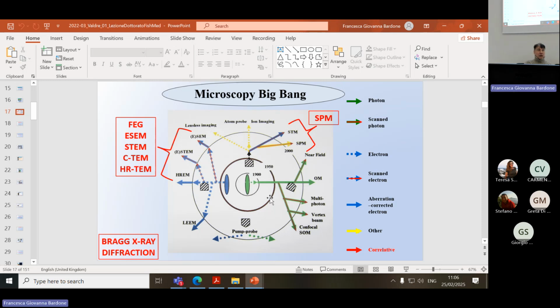It's a very useful technique to start with. If you want to localize one cell, or one bacterium, you can use the optical one, and then you have localized your object. Then you can fix the object on a holder, a stub, a support, and take it inside the electron microscope. We do this every day.